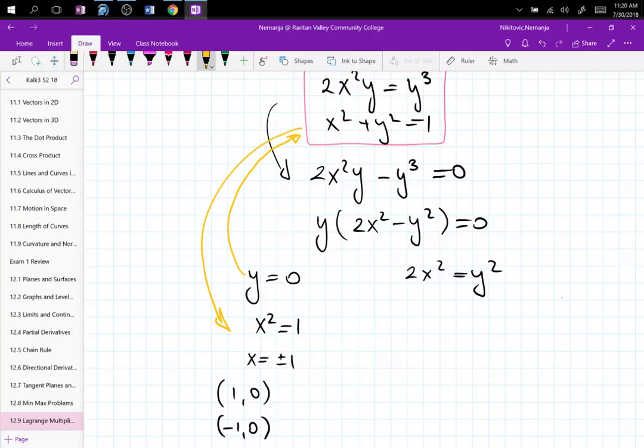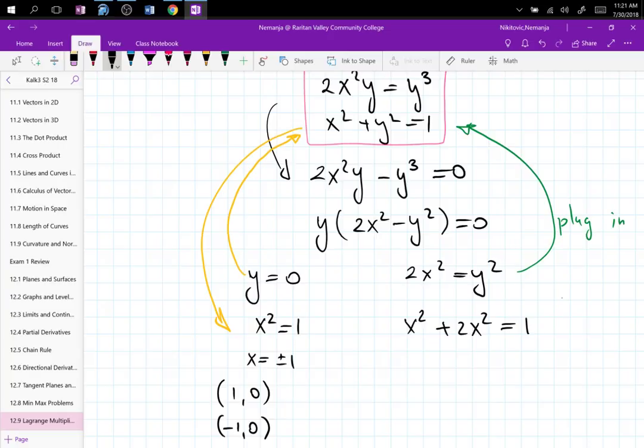Now the second equation here, well, it should be obvious what we are going to do. We are going to plug that equation into the second equation here and solve, let's do green. So there we go, plug in. And we are going to get that x squared plus 2x squared is equal to 1. What I got there is that this y squared gets replaced.